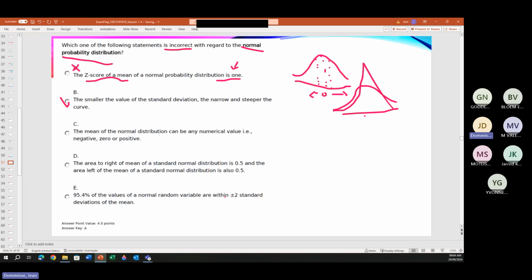The mean of a normal distribution can be any numerical value, negative, 0, or positive. That is also correct. The area to the right of the mean is 0.5, correct. And the area to the left, both of them 0.5, so that is correct.